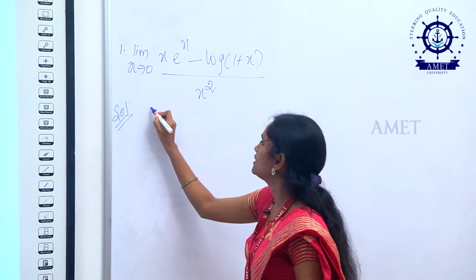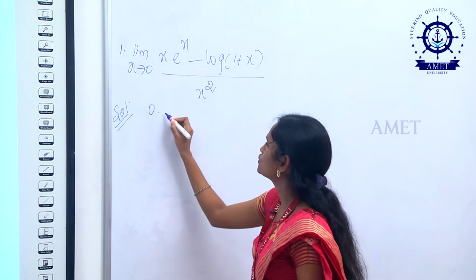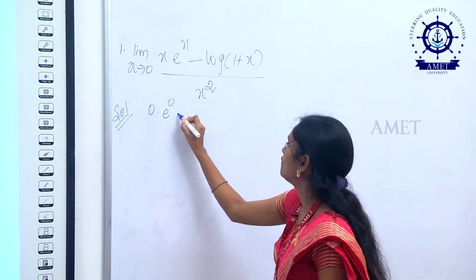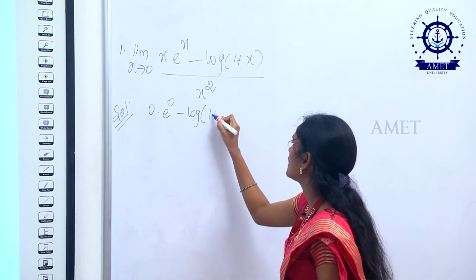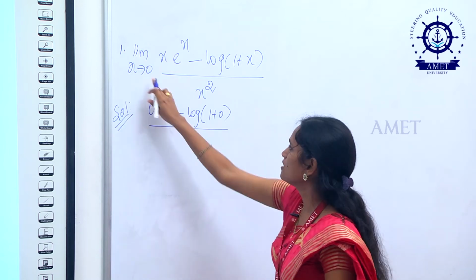So x is 0 means 0 into e to the power 0, minus log of 1 plus 0, divided by 0 squared.